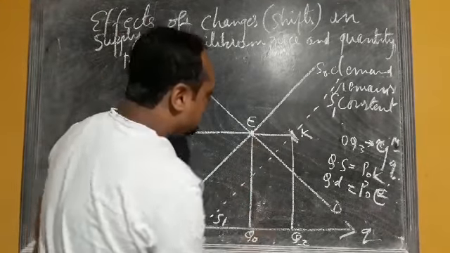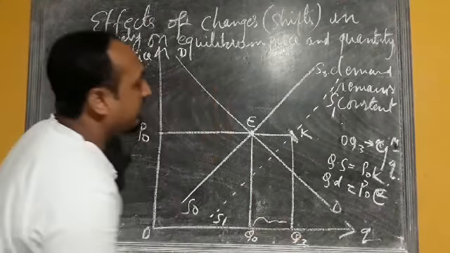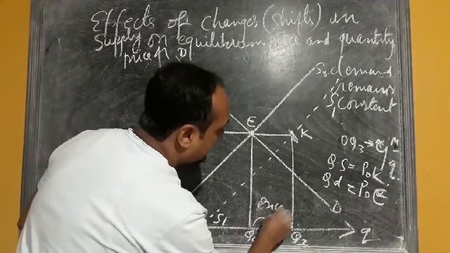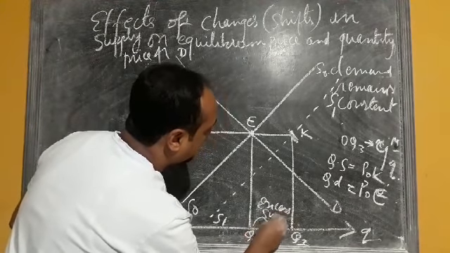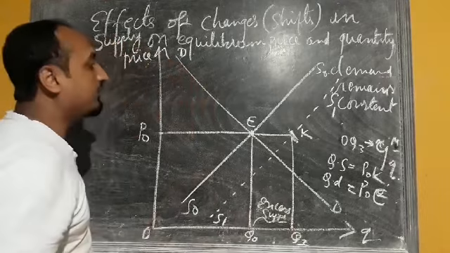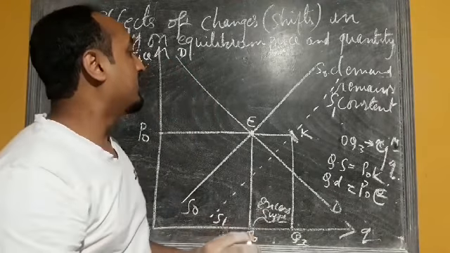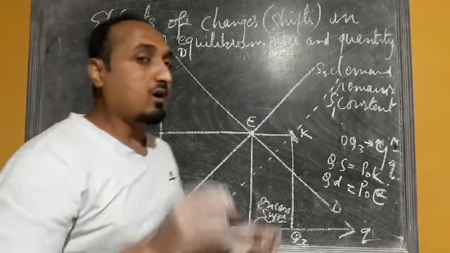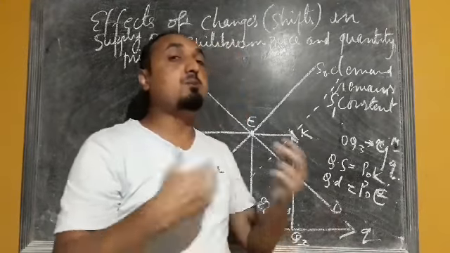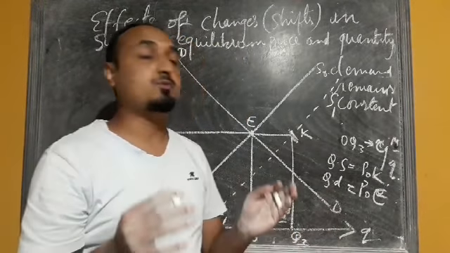So that creates the situation of excess supply. Now when there is an excess supply of commodity in the market, what will be the impact on the price? The equilibrium price will decrease.